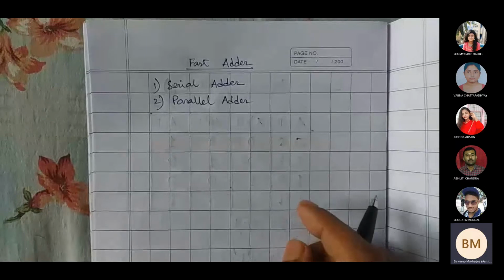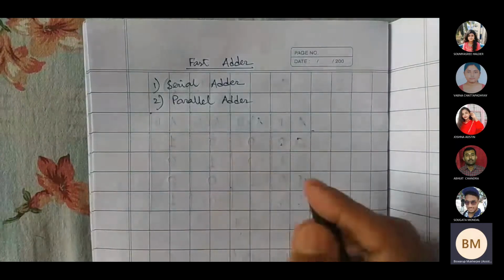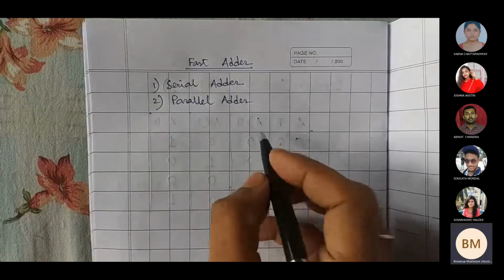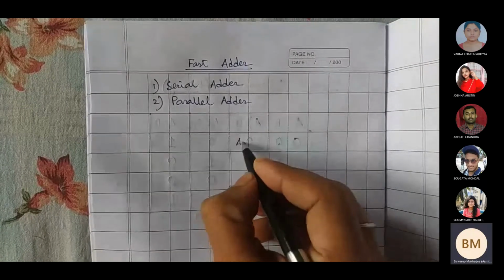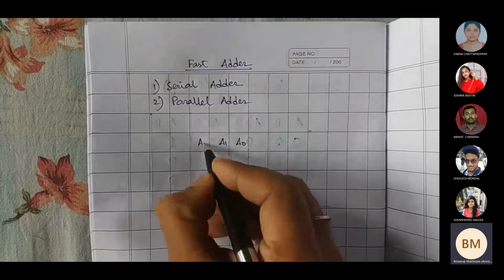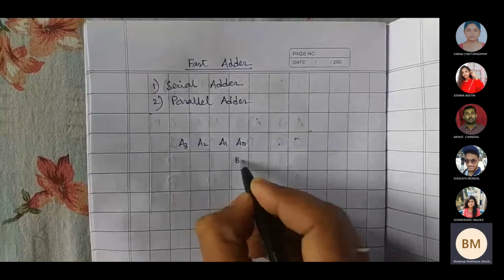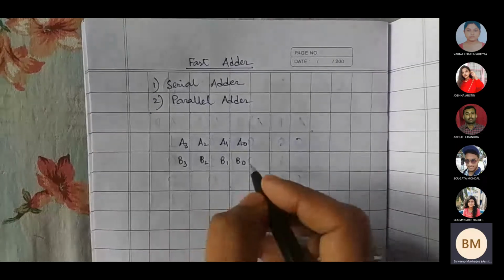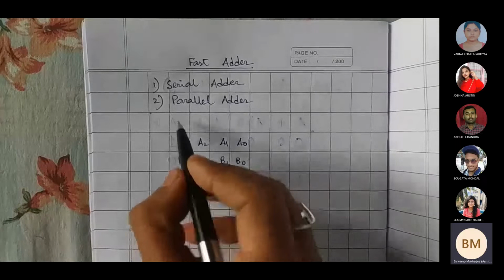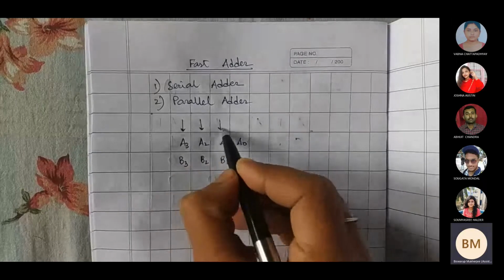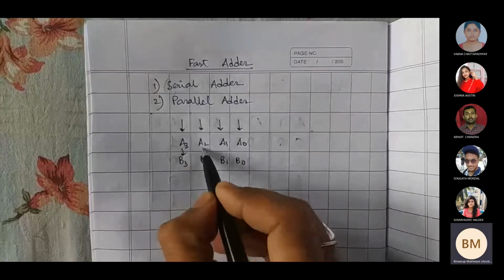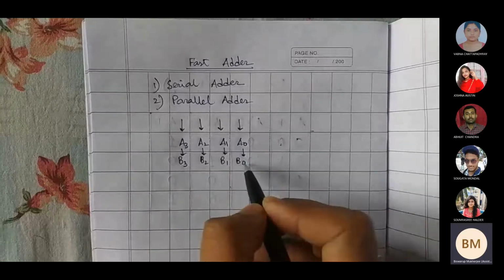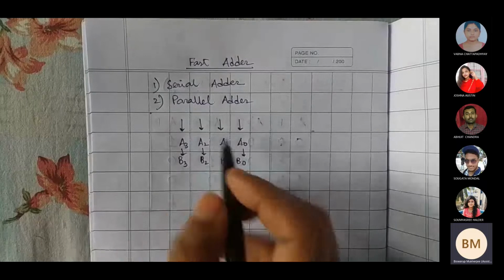In case of a parallel adder, what we have already done: suppose you are having 4-bit addition, that means you have A0, A1, A2, A3 along with B0, B1, B2, B3, to be added with some previous carry. So these are 4 parallel lines which contain 4-bit data, A0 to A3 along with B0 to B3. These are called parallel adders.